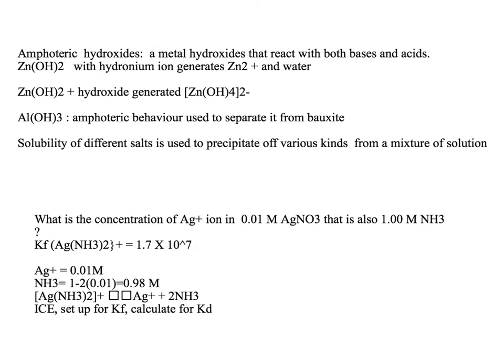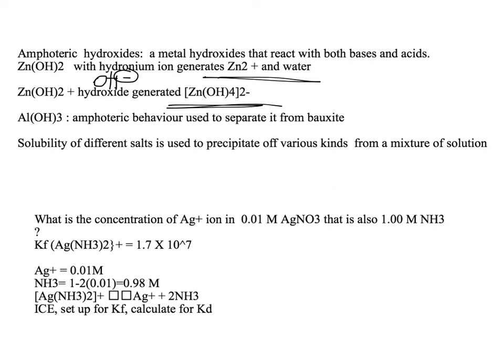Okay, I now want to take the time to talk about amphoteric hydroxides, which are basically metal hydroxides that can react both with acids as well as bases. So for example, zinc hydroxide can react with more OH negative to form the zincate ion. On the other hand, it reacts with the H plus to generate Zn2 plus and water.